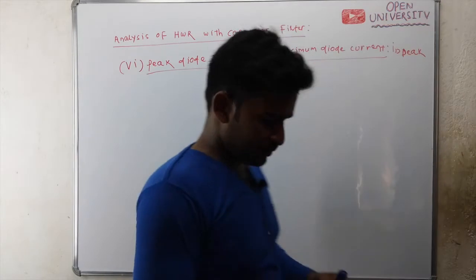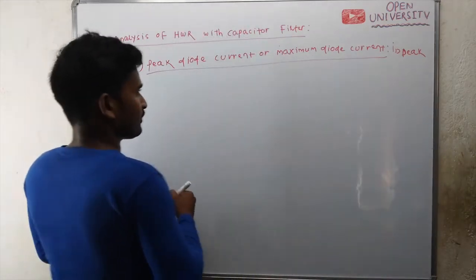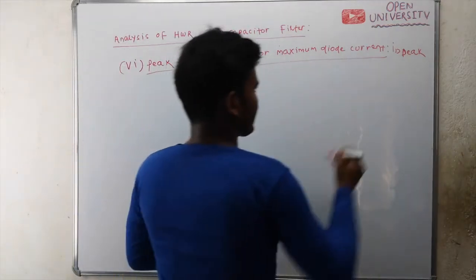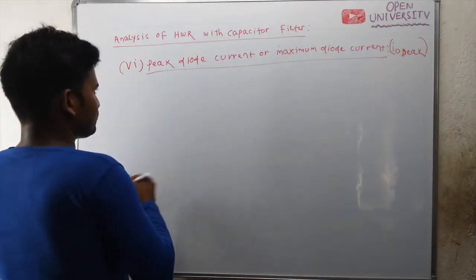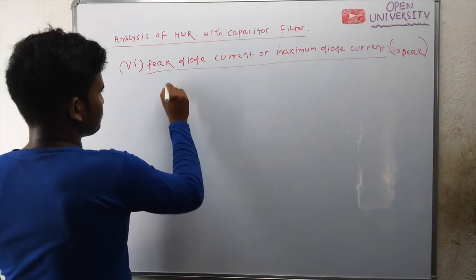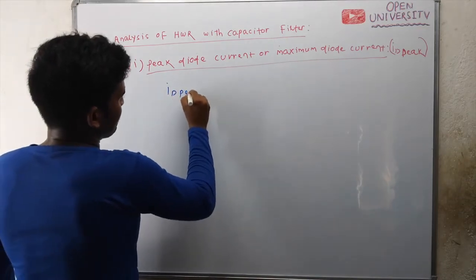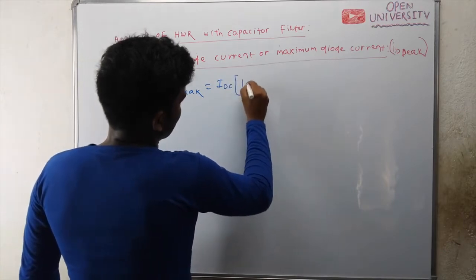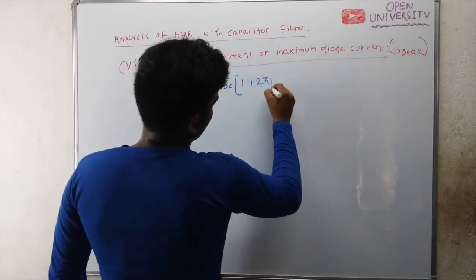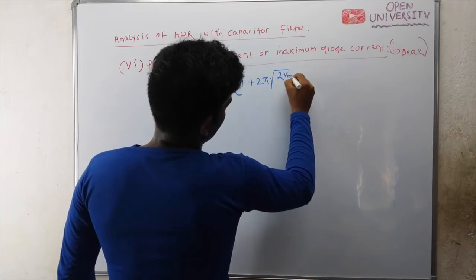I am directly giving the formula for ID peak. ID peak equal to IDC into 1 plus 2 pi under root 2 Vm by Vr.